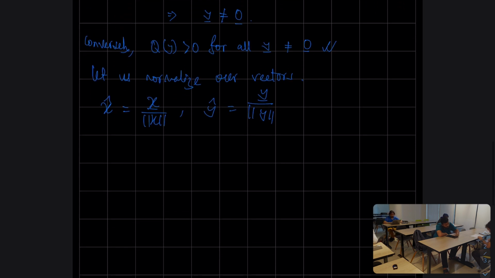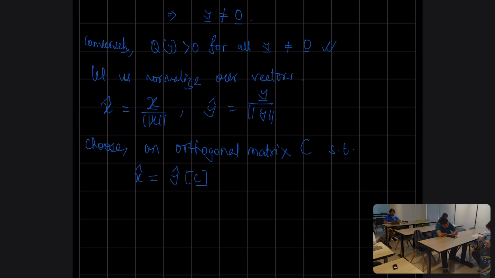So if that is true, then choose C such that it is an orthogonal matrix, such that you would have x hat, y hat, C, such that this x hat is nothing but e_k, where the e_k have norm 1 for any k.